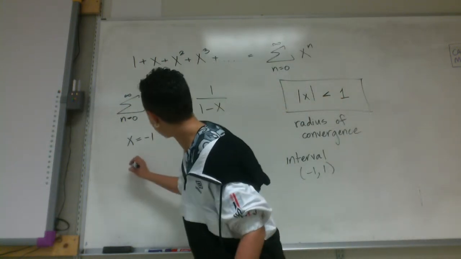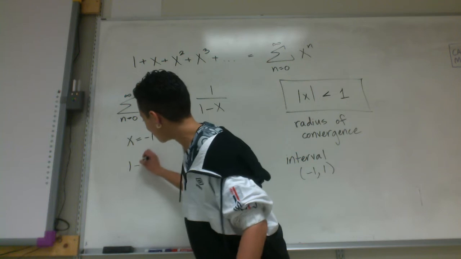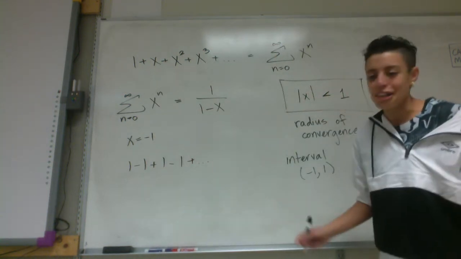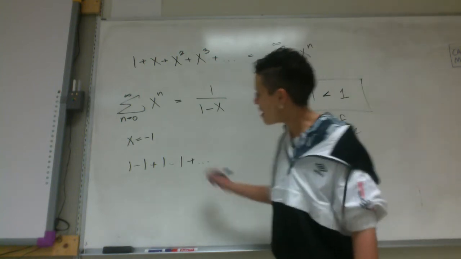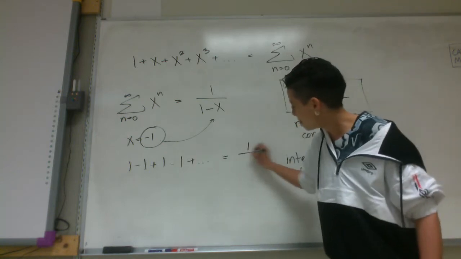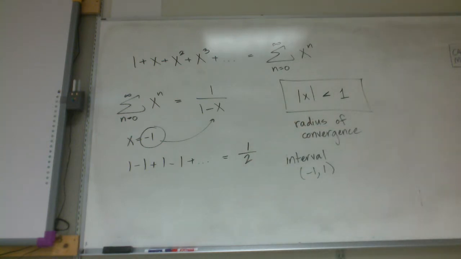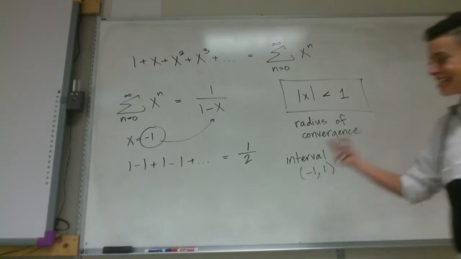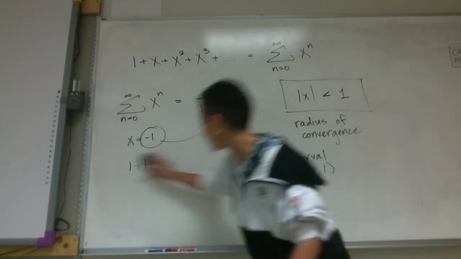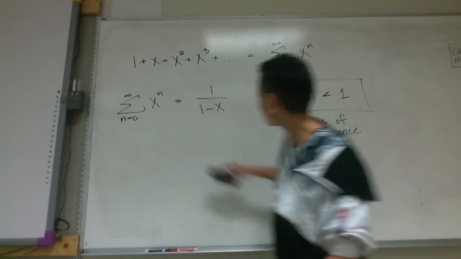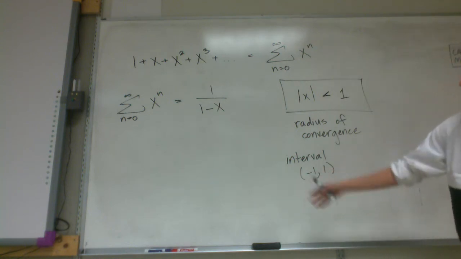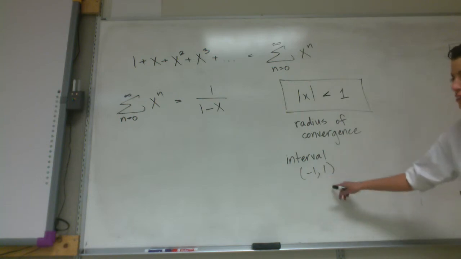So this is the case of 1 minus 1 plus 1 minus 1 plus all the way to infinity, which again is a divergent series, but here's a little bit more evidence that perhaps we can trust that proof that that infinite divergent series actually somehow equals 1/2. But if you hate that, just ignore me. So the interval of convergence is just from -1 to 1. At the endpoints, those are divergent series, so we're not going to use those.